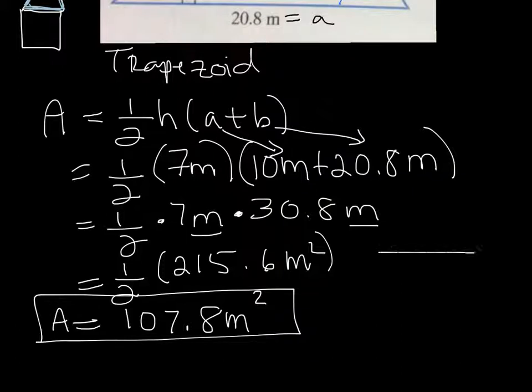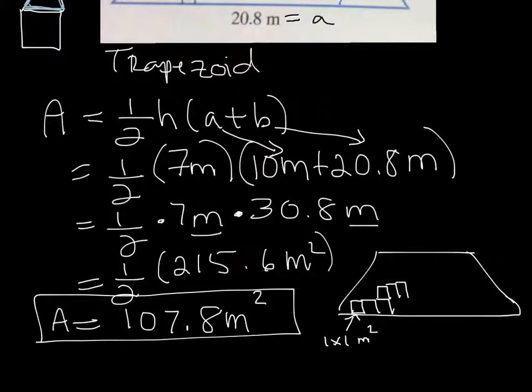So if you would fill the trapezoid, that would be a 1 by 1 square meter. So we would have literally 107, 2, 3, 4, 5, 6, 7, and so forth.